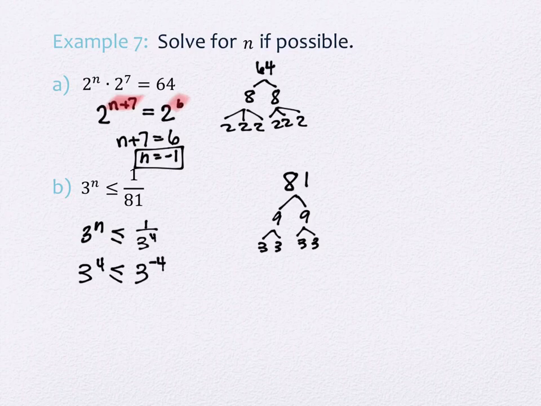So it's a negative 4. Oh, sorry, typo over there. That was supposed to say n. So I have 3 to the n is less than or equal to 3 to the negative 4. Again, because the bases match, we can take the exponents, and the exponents must be in the same relationship, that is less than or equal, that the original ones were. So this is n is less than or equal to negative 4.